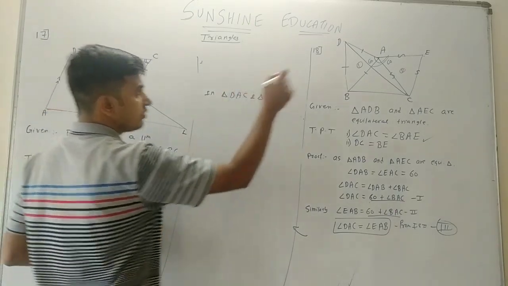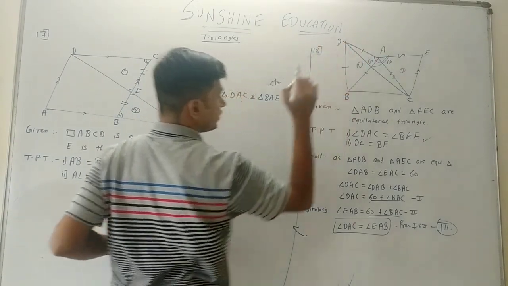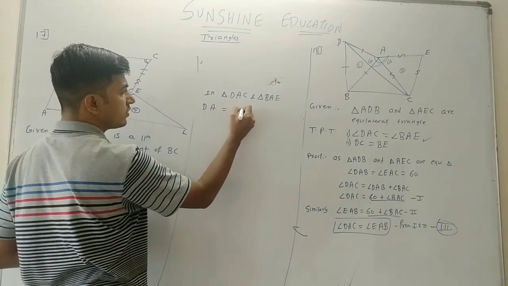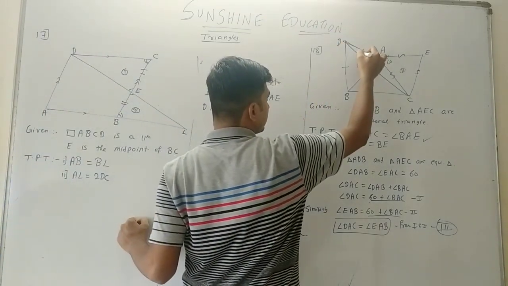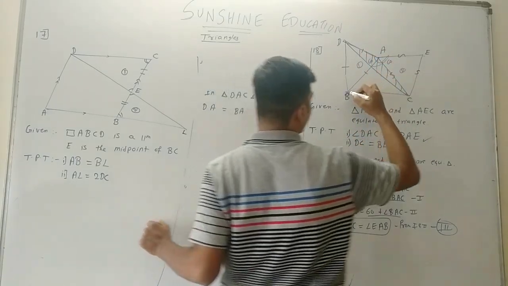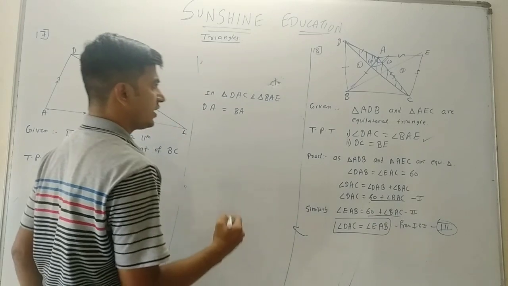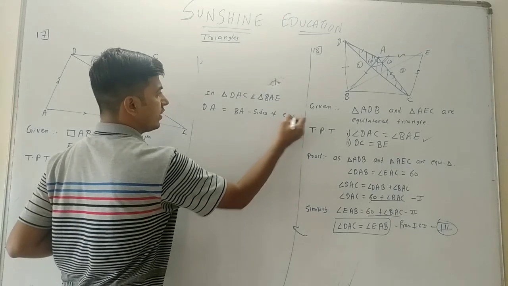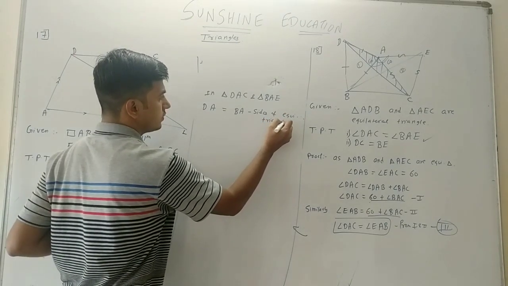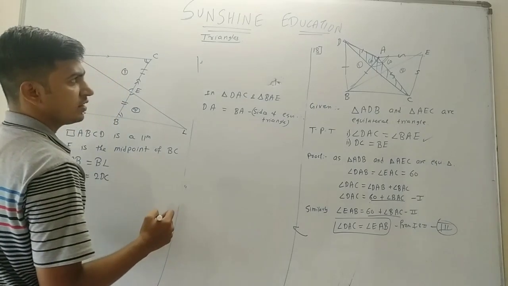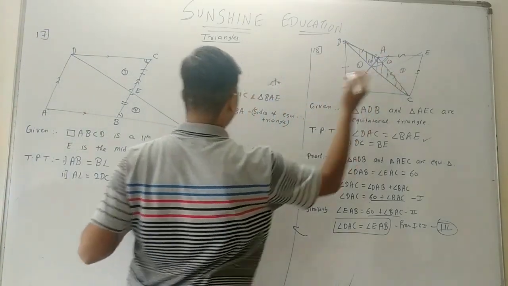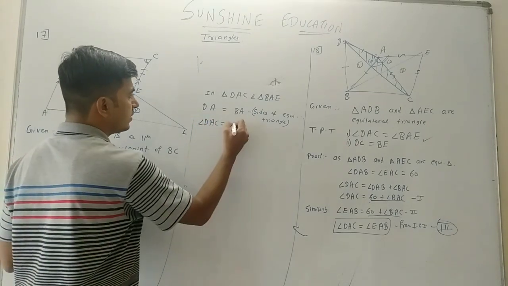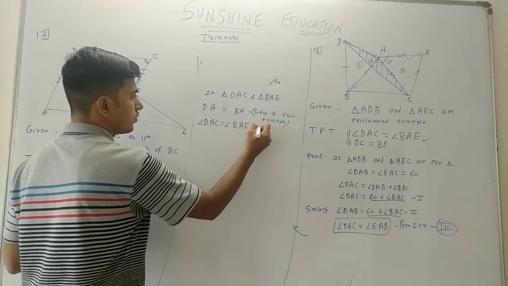From the first part, we can say that BA of the first triangle is equal to BA of the second triangle, sides of an equilateral triangle. I can say that angle DAC is equal to angle BAE from 3.